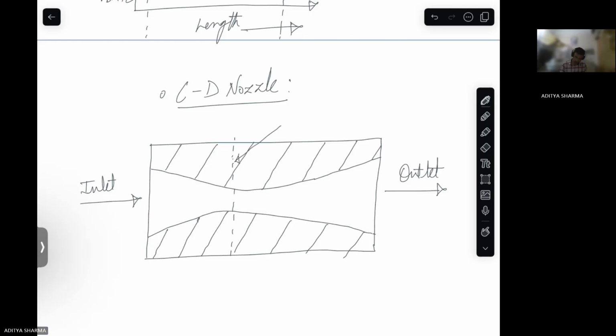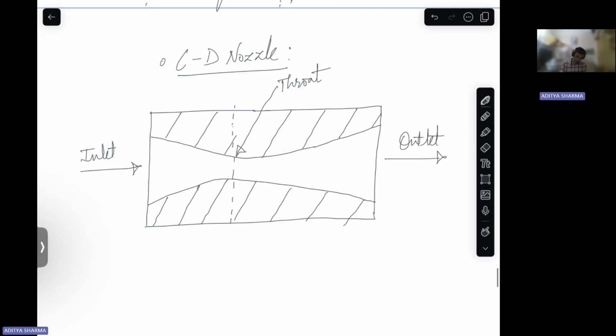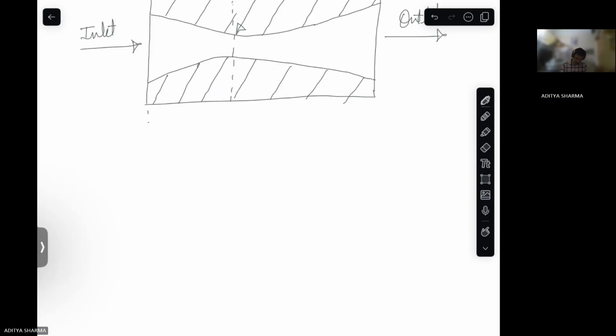Okay. This is your throat. So let's take a reference of this diagram to see in terms of pressure how things are.